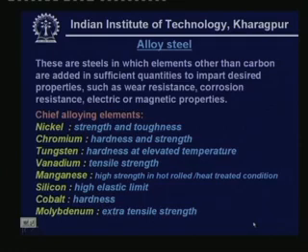Silicon imparts high elastic limit. The high elastic limit is also a desirable property, because the higher the elastic limit, the deformations in the machine elements will remain within the elastic limit even for a higher load. Cobalt imparts hardness to the alloy steel.